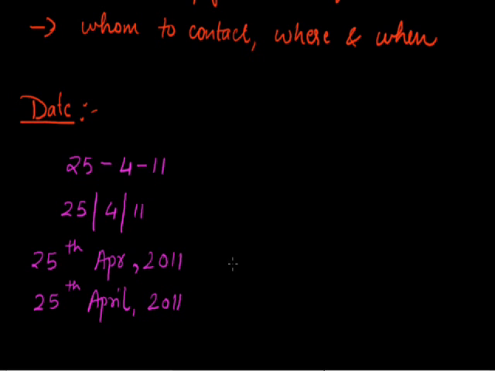So let's discuss what are the correct date formats according to the CBSE syllabus. We have to be careful when we write the date because short forms for months are not appreciated by CBSE.